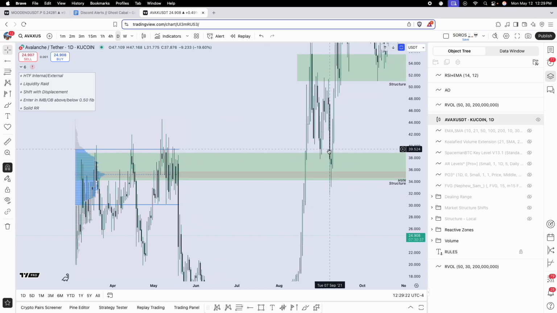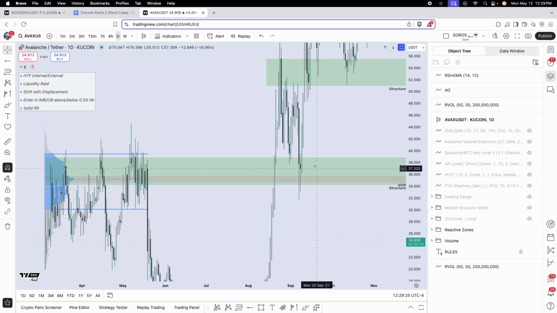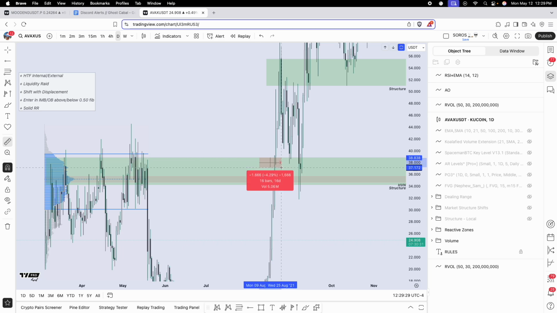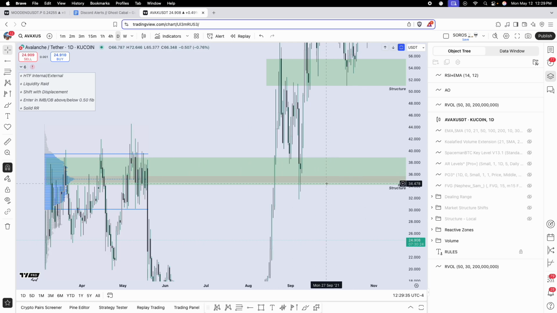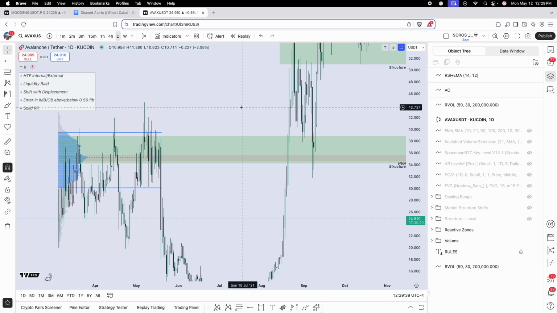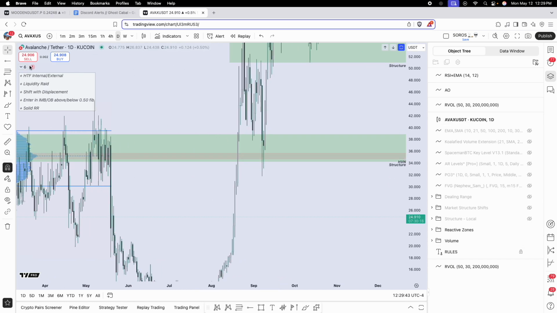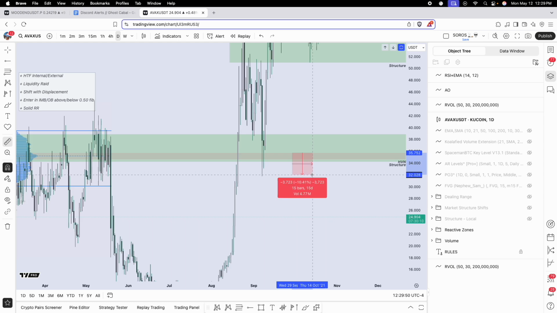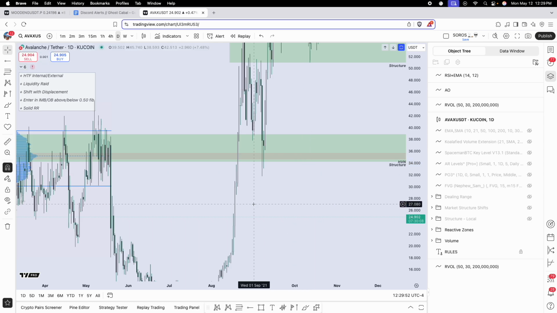So you can see if you entered up here at the top, your risk would be, let's say, the top of the reactive zone to the low, an 18% move down from there. You're almost certainly going to get stopped out on that, right? But if you identify where the volume is clustered, now your risk, or where you really aggressively start hunting, shifts from that level to here, only 11%.